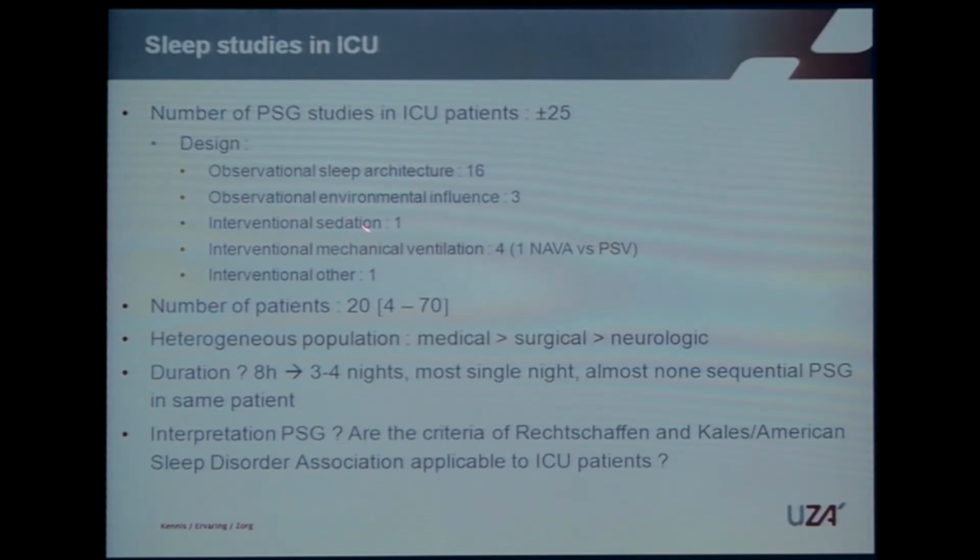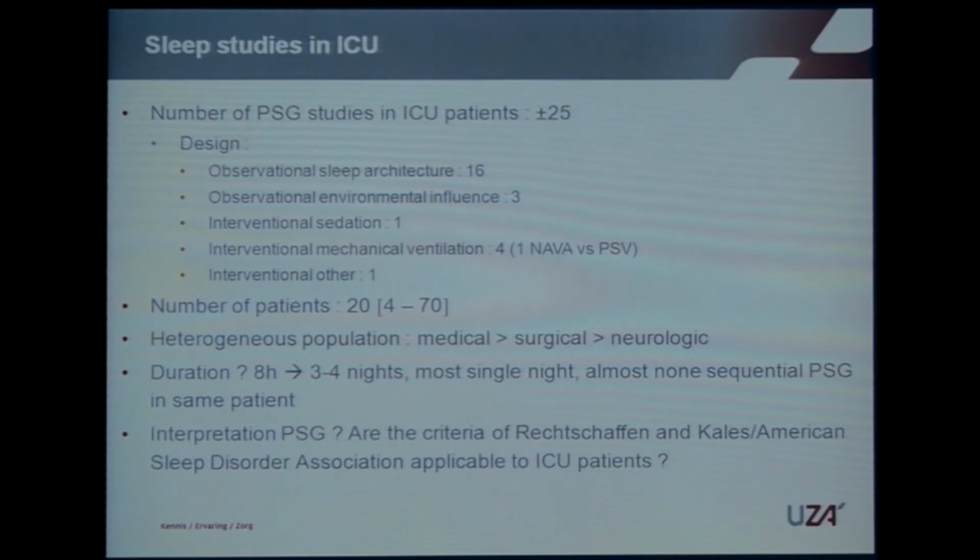There is one interventional study with sedation, and a few interventional studies with mechanical ventilation, and the one Montreal study I showed you. The number of patients is quite low. Having a study of 20 patients in a sleep study is quite a big study. It's an enormous amount of work with very heterogeneous populations, and the durations are also very variable, from a couple of hours during the night to 3 or 4 nights in one study.